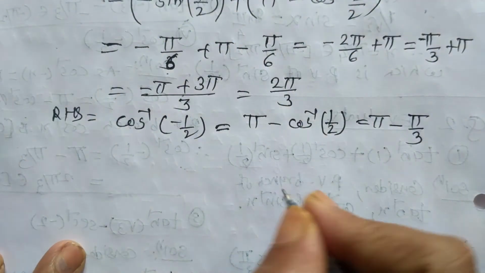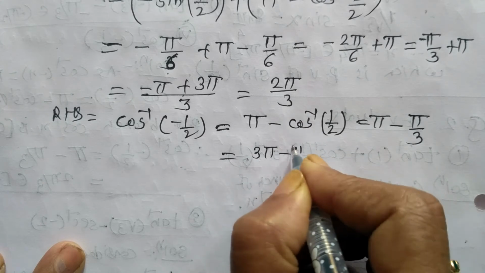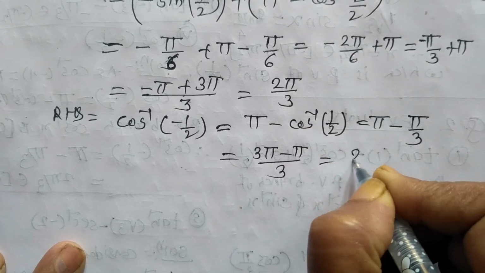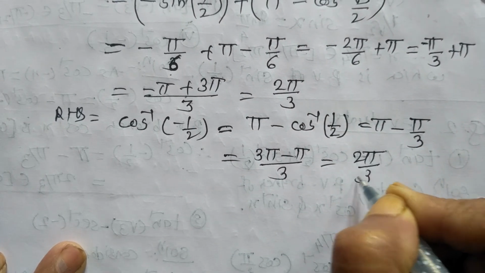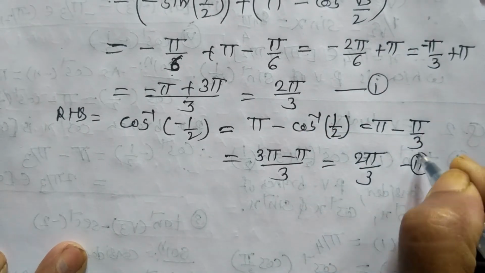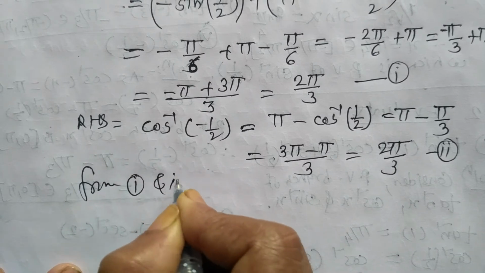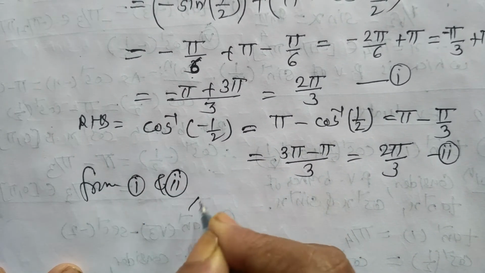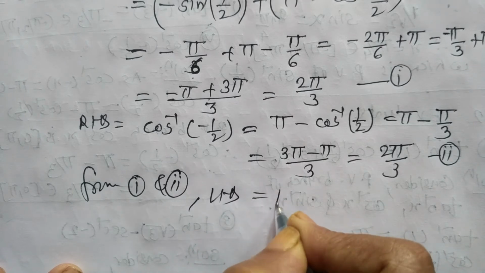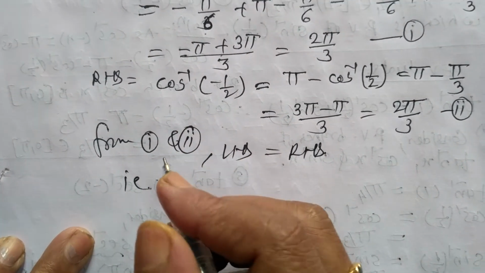So pi minus pi by 3 is 3 pi minus pi upon 3, that is 2 pi by 3. Therefore from equations 1 and 2, LHS equals RHS. That means the result is proved.